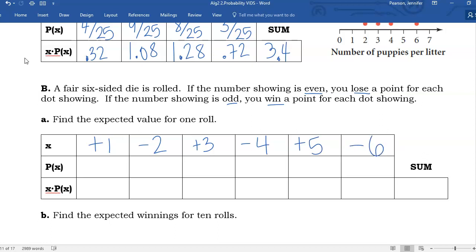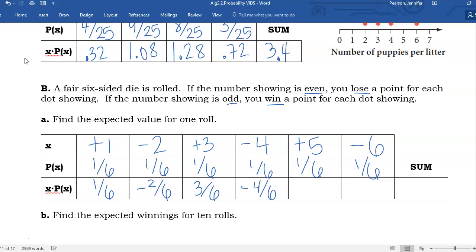What is the probability of each outcome? Well, die rolls are independent, which means they are equally likely, so every single one of these answers is going to be 1/6. I think I'm going to stick with fractions rather than switch to decimals, because that'll be easier to add up: 1/6 minus 2/6 plus 3/6 minus 4 plus 5 minus 6.